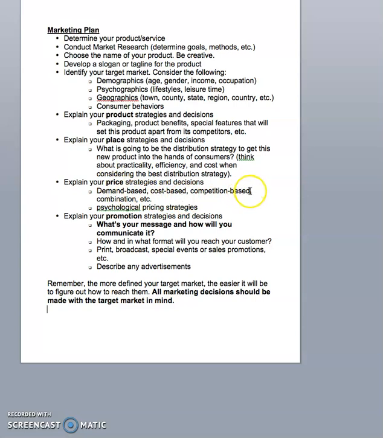We looked at in a prior pricing strategy video, demand-based, cost-based, competition-based, or some type of combination. There are also other examples of pricing strategies that look at psychological pricing, whether it's odd even or whether it's multi-unit or bundled strategies.